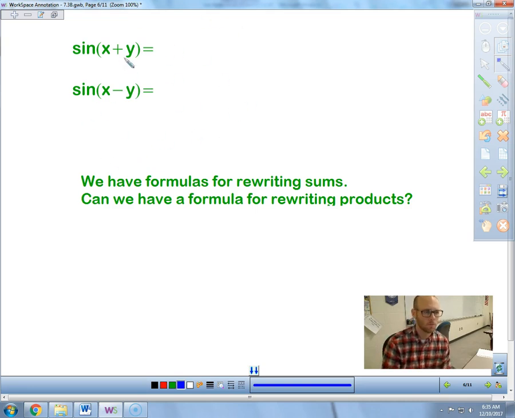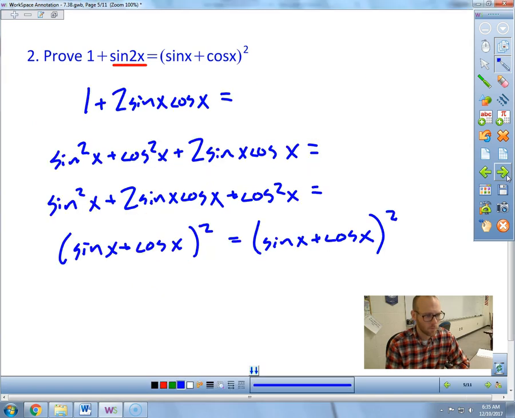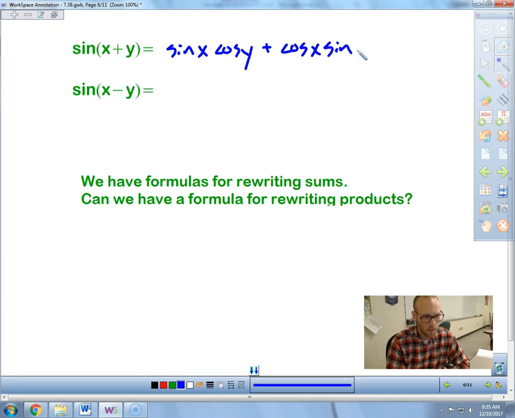our sum formulas or sum identities. The sine of x plus y: sine, cosine, plus cosine, sine.